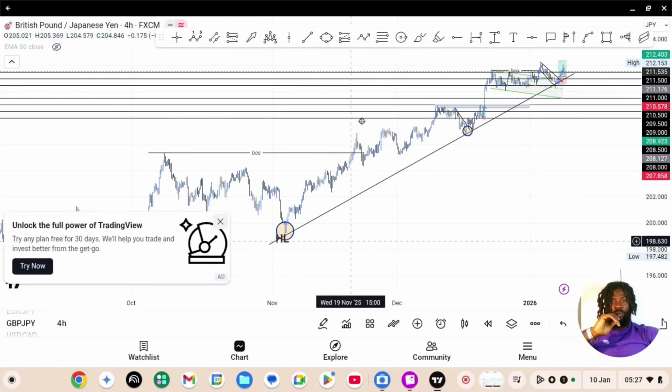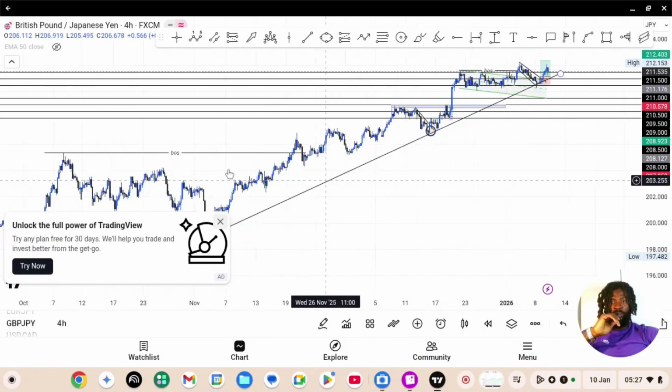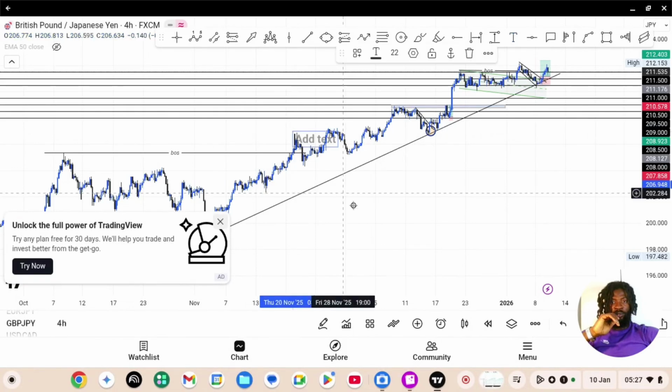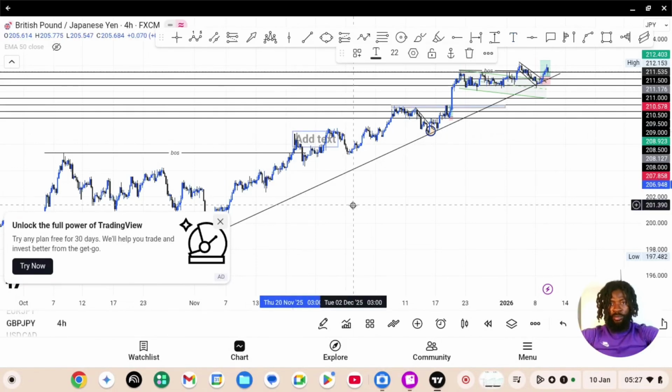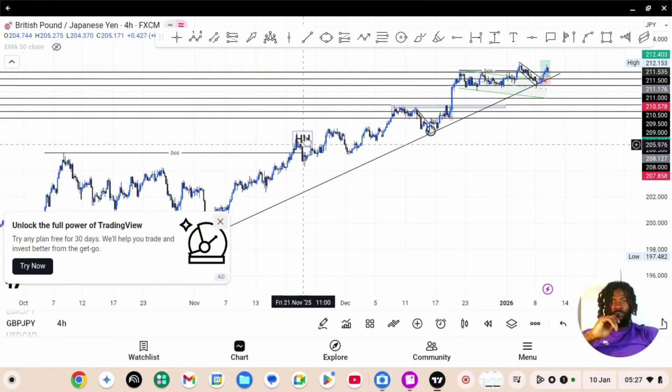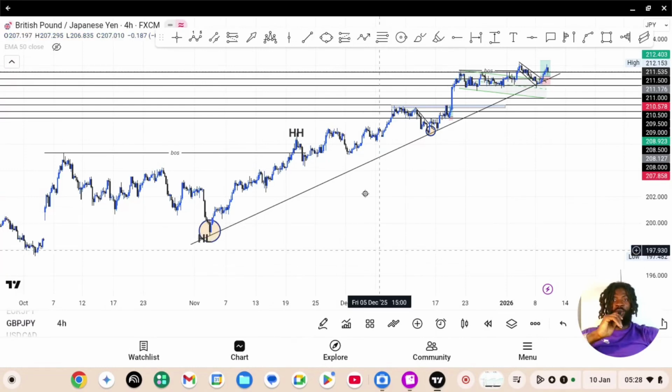Have a higher low there, and we have a higher high here. Have a higher high there.